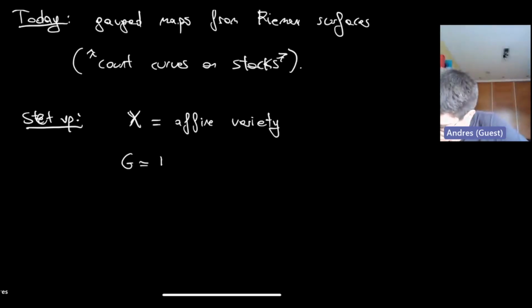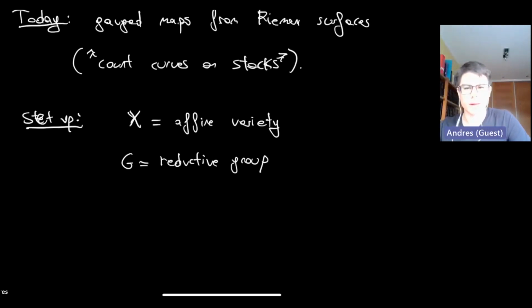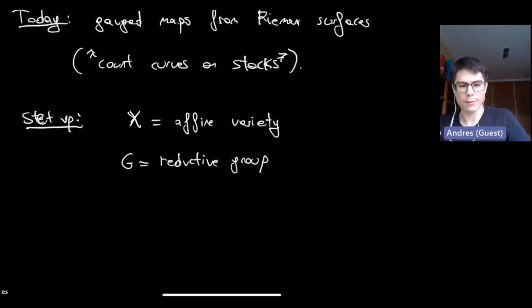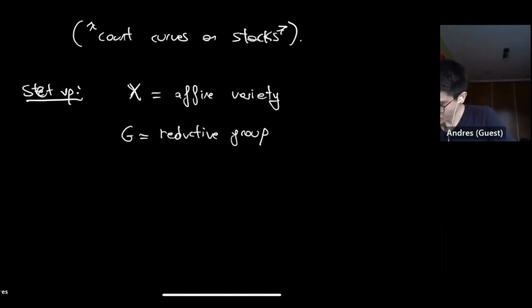We're going to have a reductive group. And maybe I should say that all of this works more generally for projective over affine varieties. So instead of X affine, you can take X projective or X projective over affine, so the usual setup of GIT. But then the answer to everything that I'm going to say is a bit more complicated, so I'm going to stick with affine.